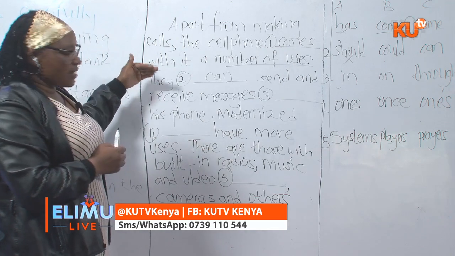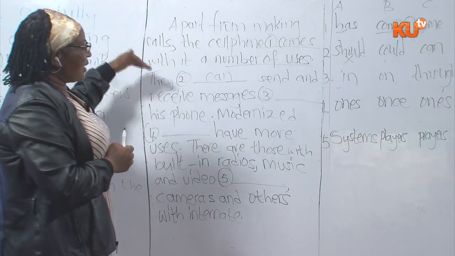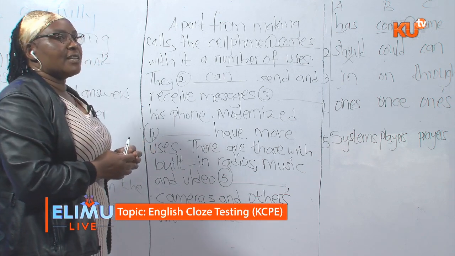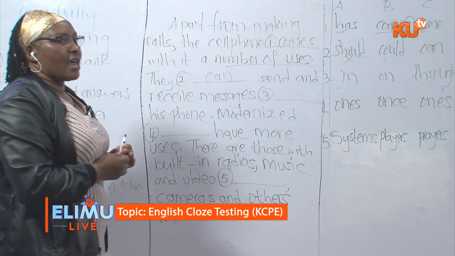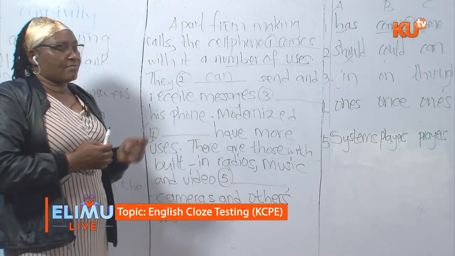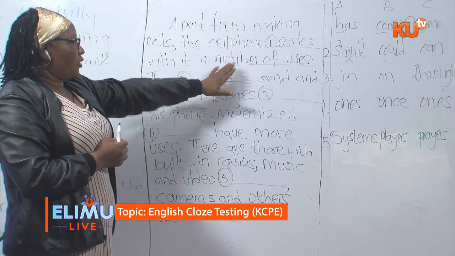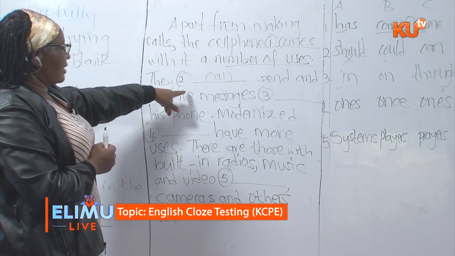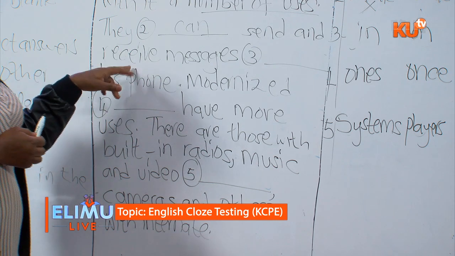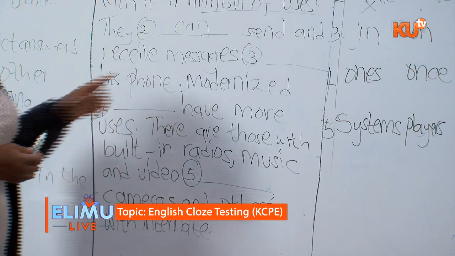So the next number, which is number 2, is telling us how we use the mobile phone. It is expanding on the uses which are just generalized in number 1. Now, in the sentence that follows number 1, you can see that it is expanding on the uses. And one of the uses, or two of them, is to receive and send messages, as we have here.